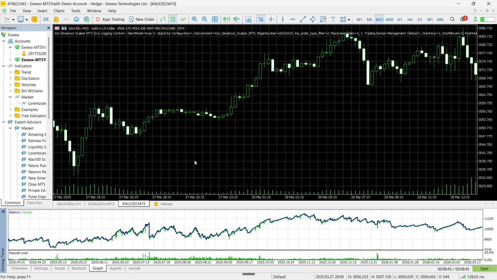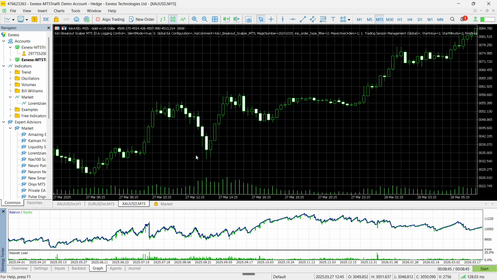The anti-grid and anti-martingale design is a clear positive for risk transparency. The availability of multiple presets and a full optimization guide is useful for traders who want control. However, the need for regular re-optimization and broker-specific tuning means this is not a pure set and forget system.